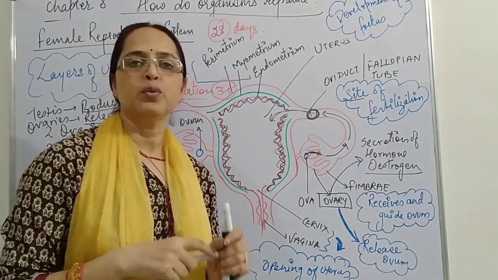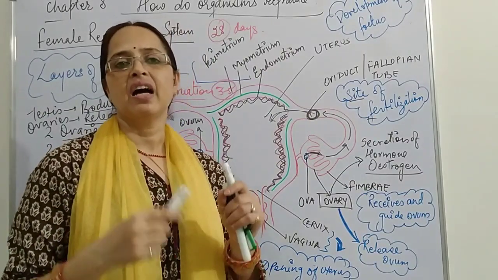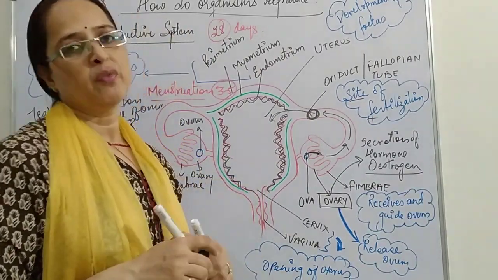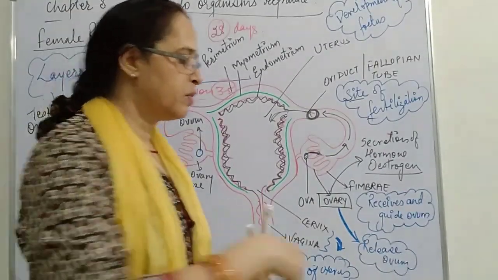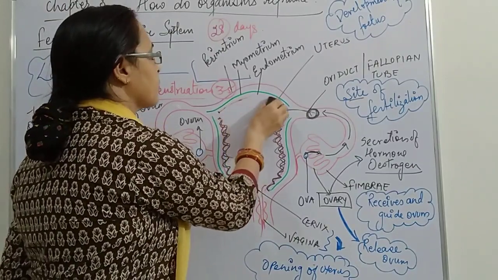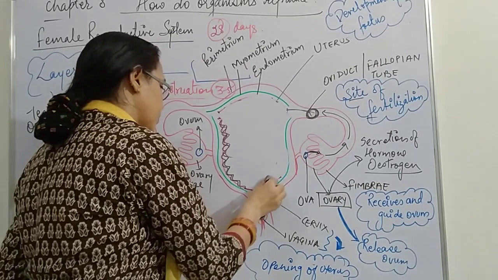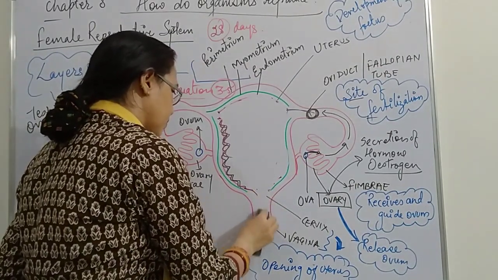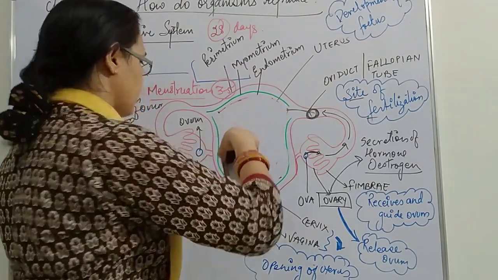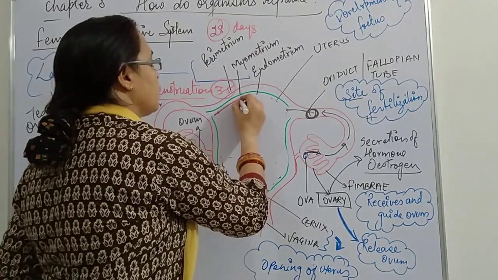Second, when sexual intercourse has occurred, sperms are released in the uterus. During that time, what happens? Just have a look over here. If I make this lining again, this is the endometrium.